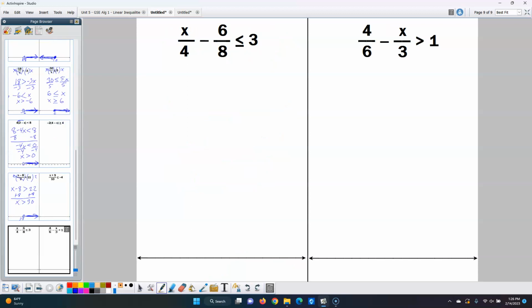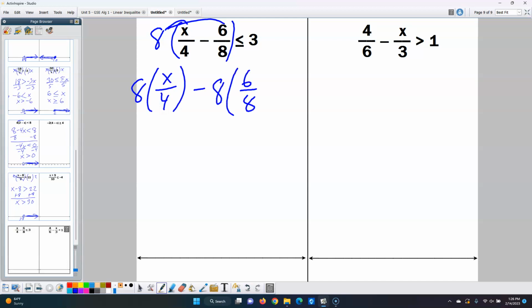Last one right here. Finding a common denominator, or multiplying through by your least common multiple. I've got the smallest number that both 4 and 8 will go into would be 8. So when I distribute that 8 to both of these, I end up with 8 times x over 4 minus 8 times 6 over 8.